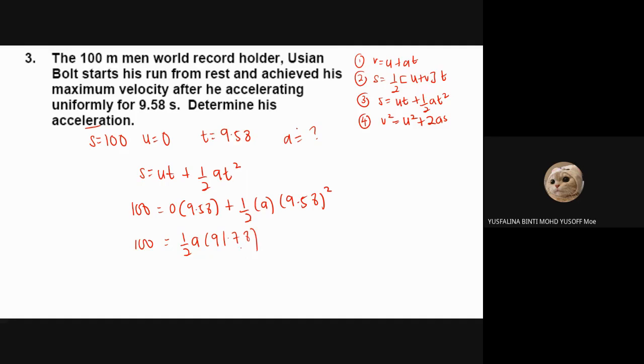Okay, sorry. And then you multiply by 2. So 100 is A times 45.89. So A is 100 divided by 45.89. So you will get A is 2.18. Anyone get the same answer as me? Okay, Avinash. Alright.